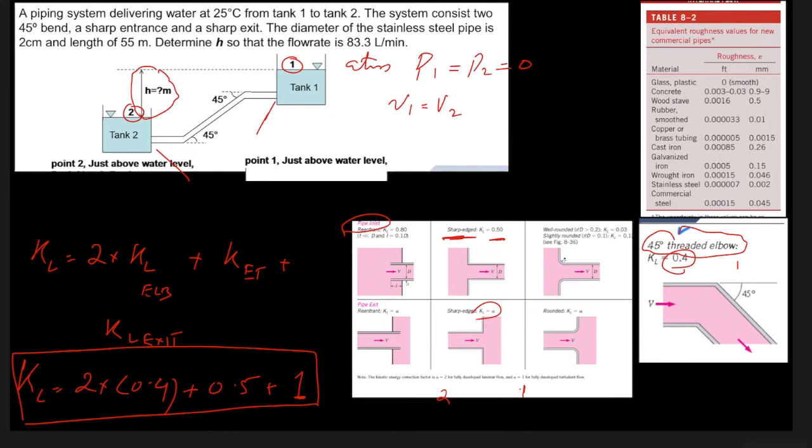When the tanks are very large, the velocity approaches 0 because the level decreases or increases very slowly. That is why V1 and V2 become 0 as well. Now let's look at Z. This is our reference point, so let's say this is 0 height, and this is Z2, which is equal to H. So my Z1 comes out to be 0 because it is the reference, and Z2 is equal to the height that I want to know.